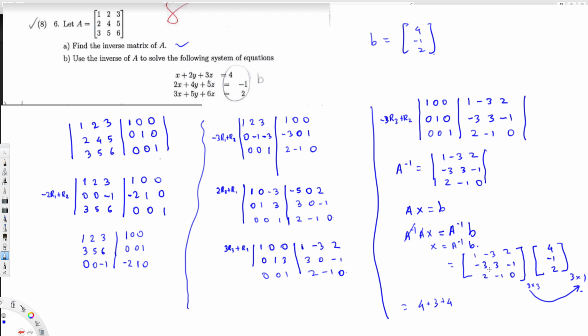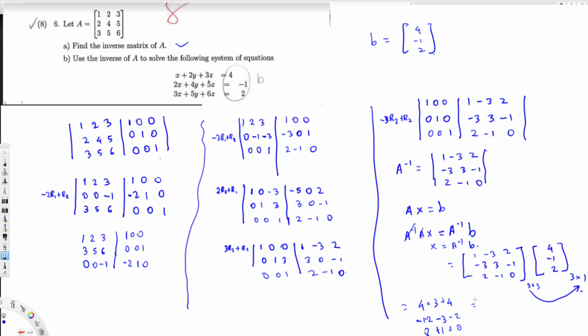Then second row, first column: -3 times 4 is -12, 3 times -1 is -3, -1 times 2 is -2. And for the third one we have 2 times 4 is 8, -1 times 1 is 1, plus 1, and then 0 times 2 is going to be 0.